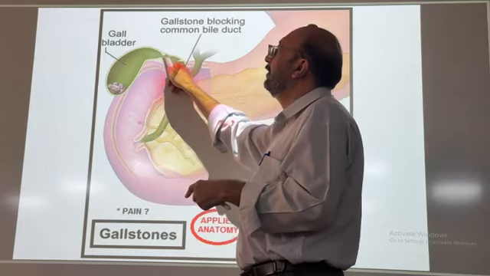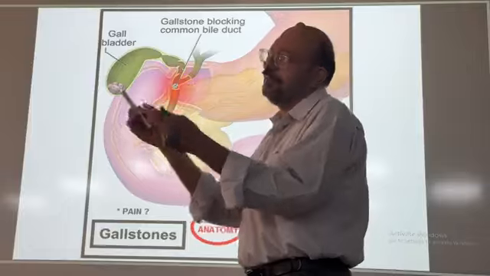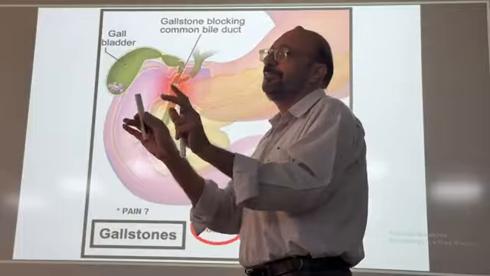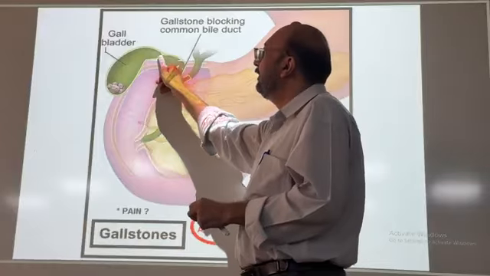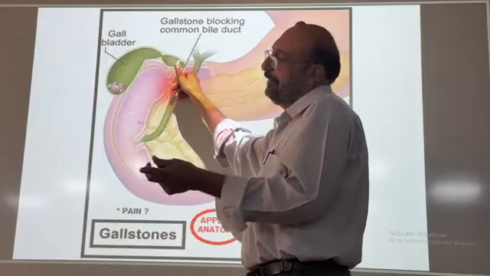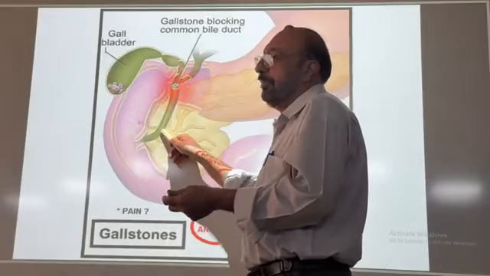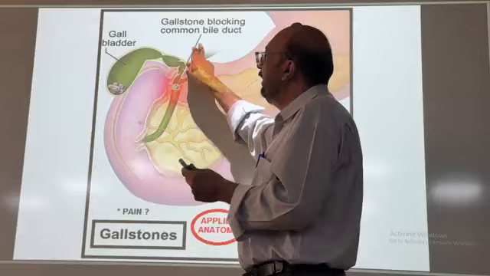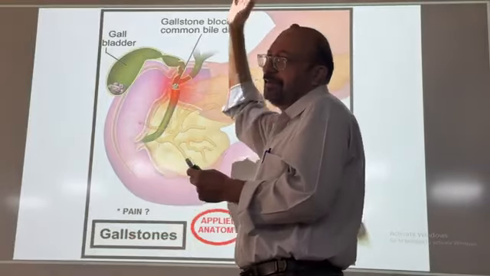Until the Hartmann pouch, I should say they are still safe, rather than when they pass here. Then after that, in the cystic duct, it's again a problem. So this is going to lead to a back pooling of secretions, bile which is not able to reach the duodenum. Now the bile will stay inside the liver.